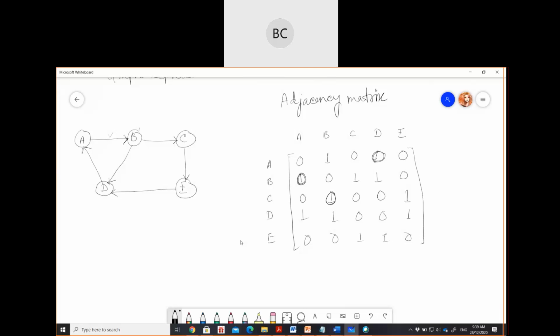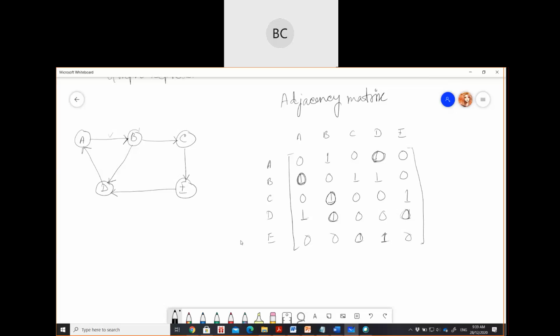From D you can go to only A. So this one will remain the same. The rest you have to make 0, because from D you can only go to A, neither to B nor E. So those values will be 0. Now from E you can only reach D, not C. So only this value will be 1.